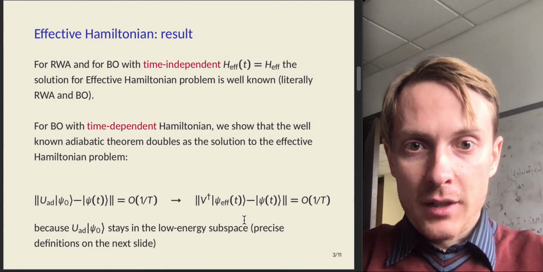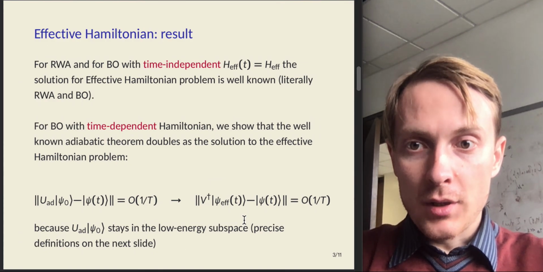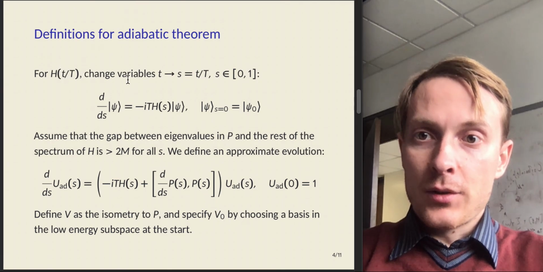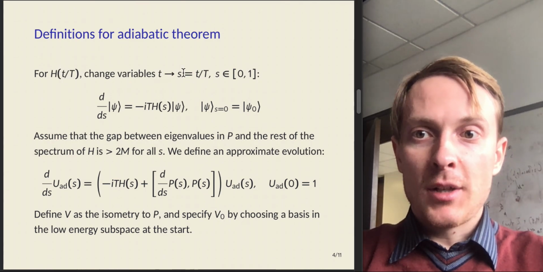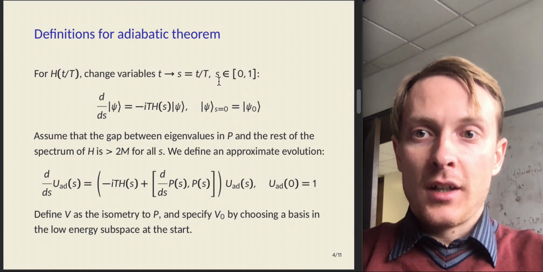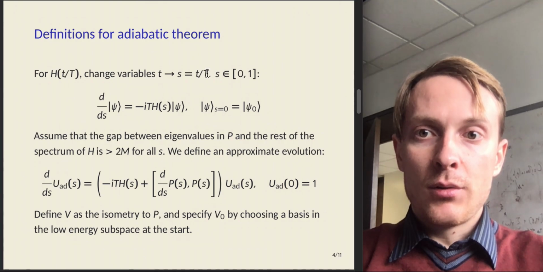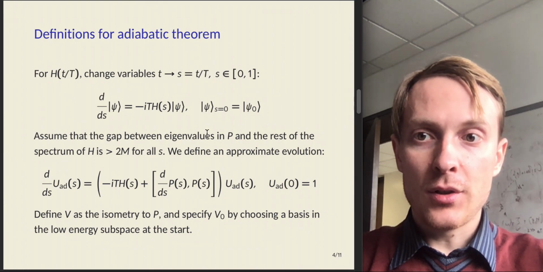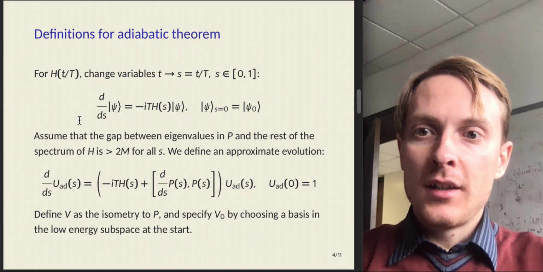Now we're going to define what those quantities are. First of all, we will change time to an adiabatic parameter, which divides the time by the total evolution time. The Schrödinger equation then looks like this.